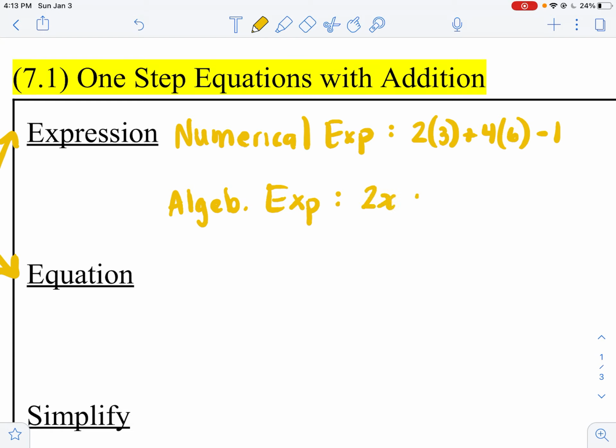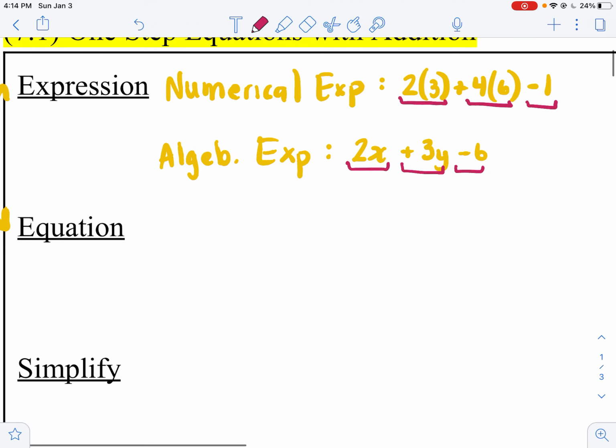So, for example, 2x plus 3y minus 6. That's an algebraic expression. Both of these expressions have 3 terms, and I can count them for you. We have 1, 2, 3. 1, 2, 3. They don't have to have 3 terms, but both of them did.